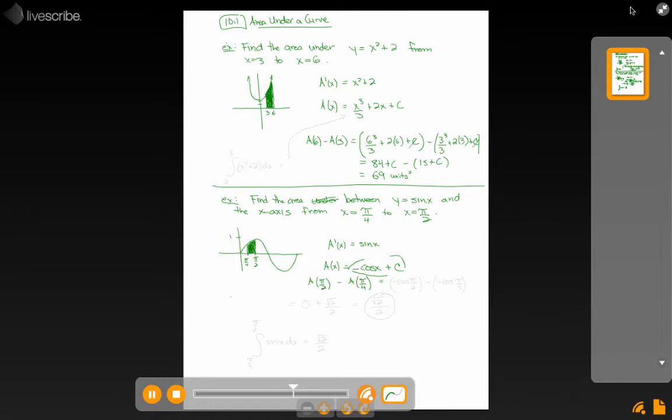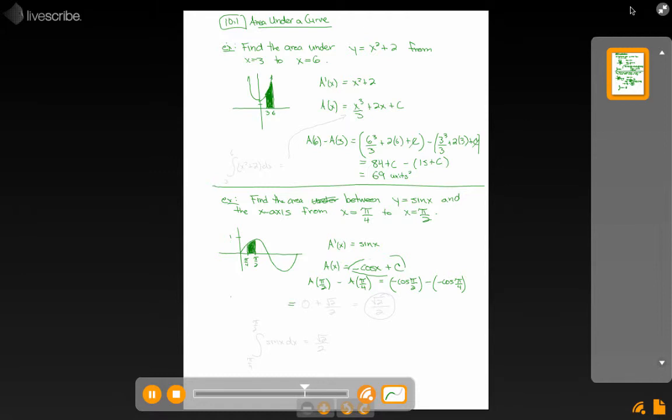And those c's will go away. So I'll have negative cos of pi over 2 plus c, but then I'll have minus negative cos of pi over 4 plus c, and I'll start ignoring those c's as I go in these.